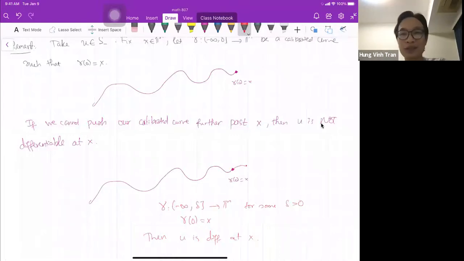So that's a very speculative picture, but it's really beautiful.